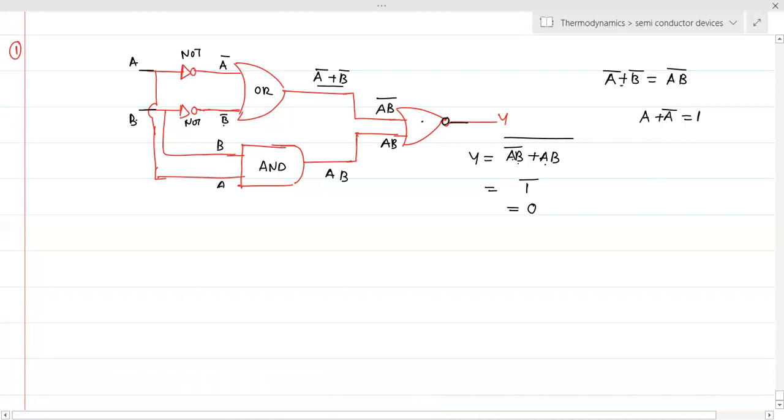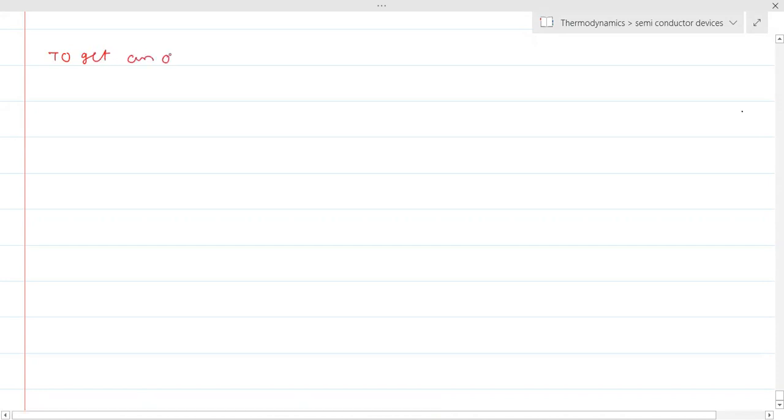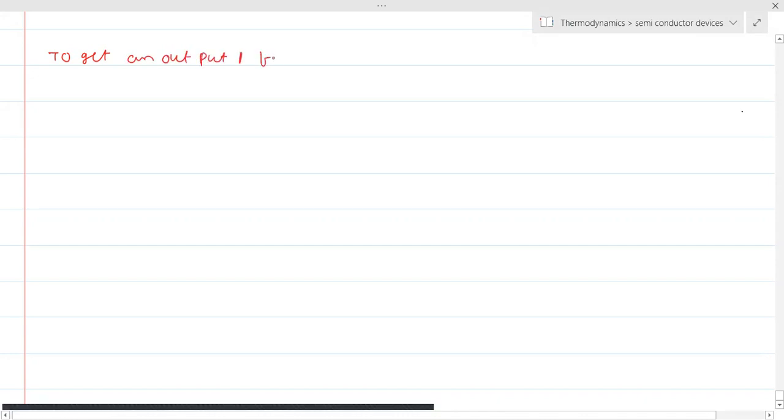Okay, you can do this. Suppose we want to get an output 1 from the circuit.